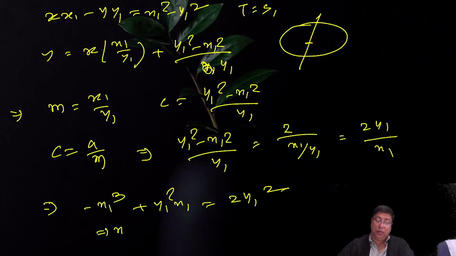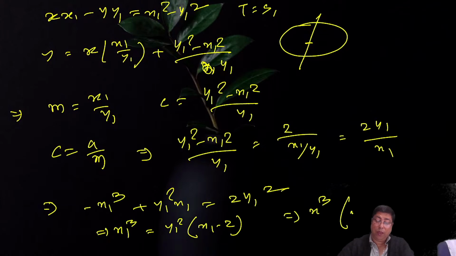Therefore, we can write x1 cube equal to y1 square into x1 minus 2. So the locus is x cube equal to y square into x minus 2.